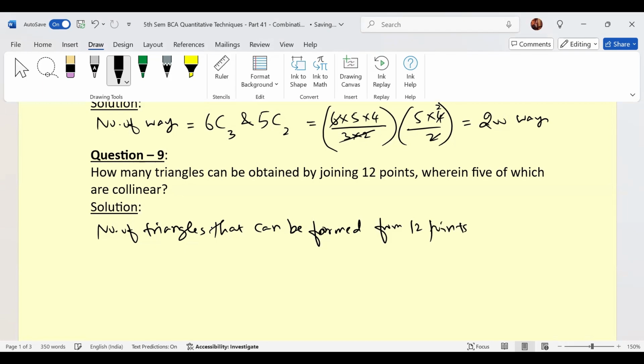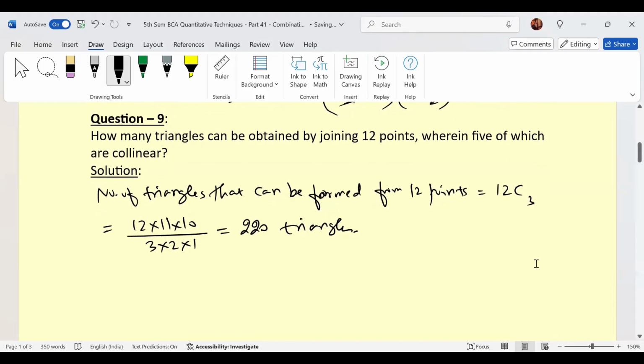We need 3 points to have one triangle. So that means it will be 12C3 triangles, which is 12 into 11 into 10 divided by 3 into 2 into 1. Simplifying this, we will get 220 triangles.